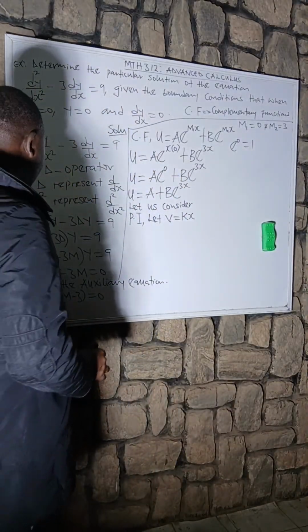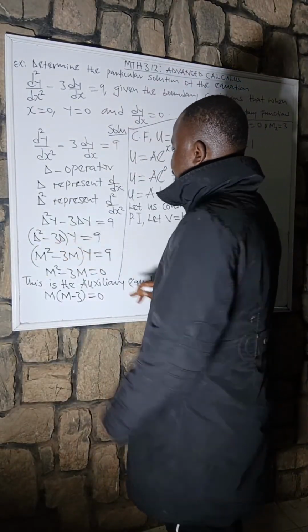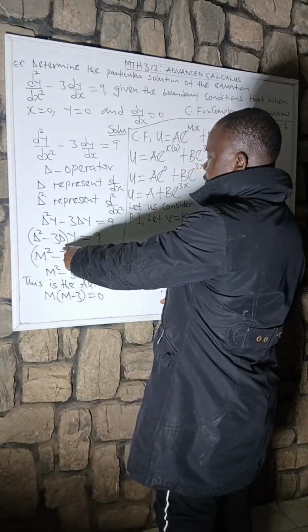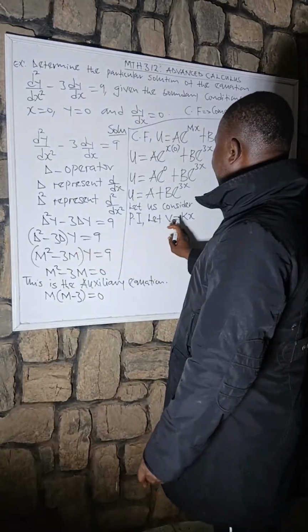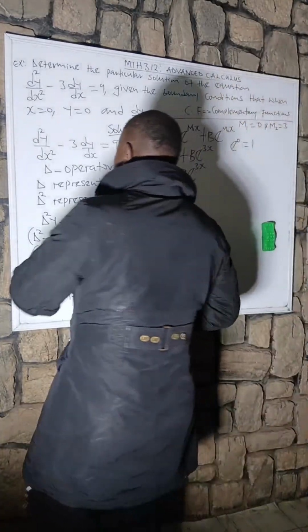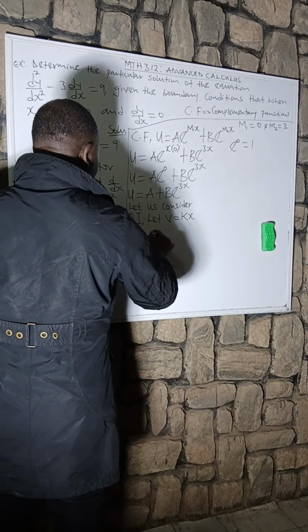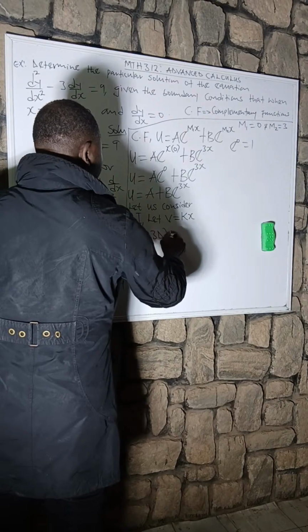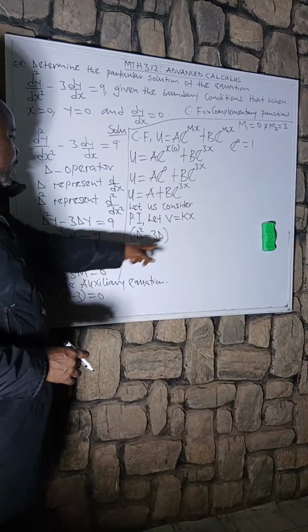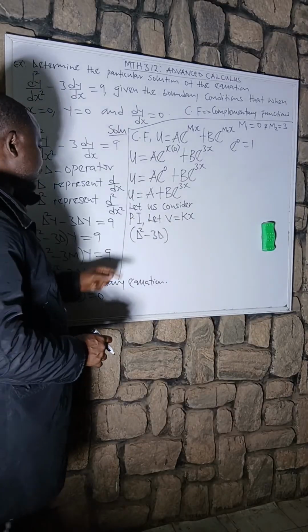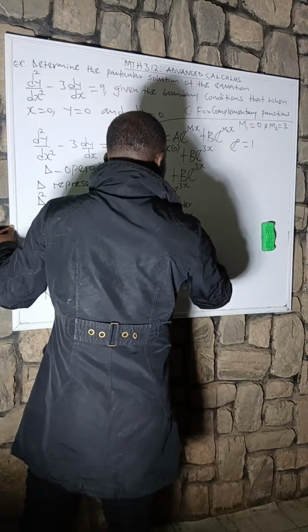Then we recall this here, that is open bracket d squared minus 3d. Instead of y, we substitute in v. So here will now be open bracket d squared minus 3d, close bracket. Instead of this y, we'll replace it with what? This v. Then equate it to what? 9.